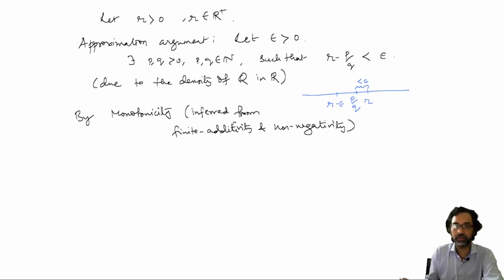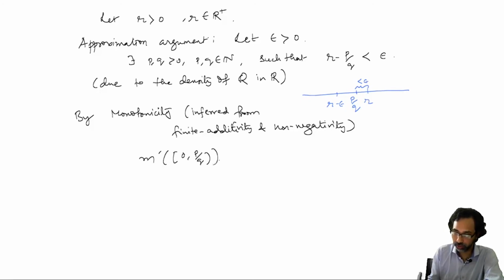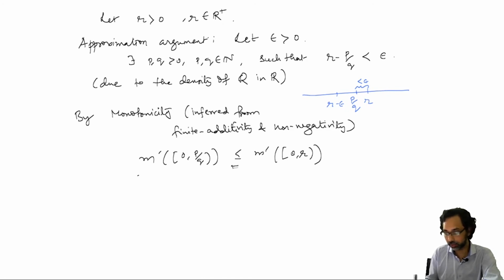Just as we did for the elementary measure, we can also do it for our new map m prime. So we can prove the monotonicity property of m prime. Therefore, since this interval 0 to p by q is a subset of the interval 0 to r, we have that m prime of 0 to p by q is less than or equal to m prime of 0 to r.